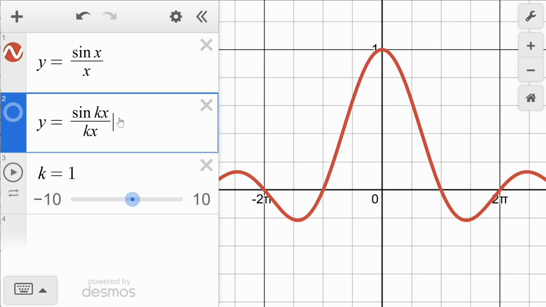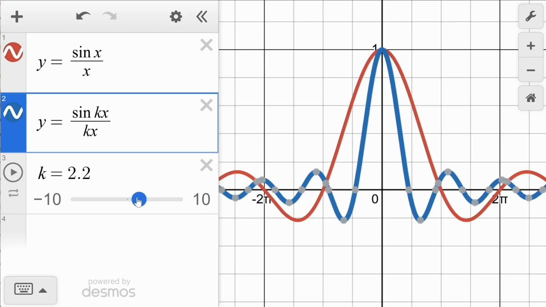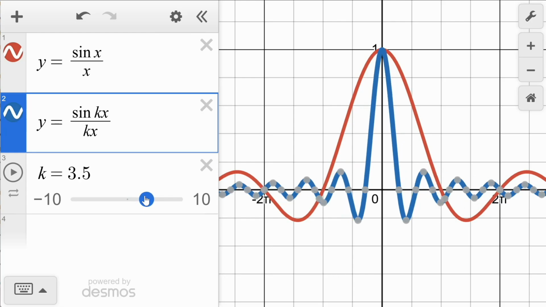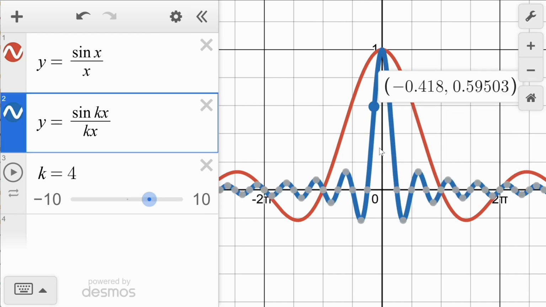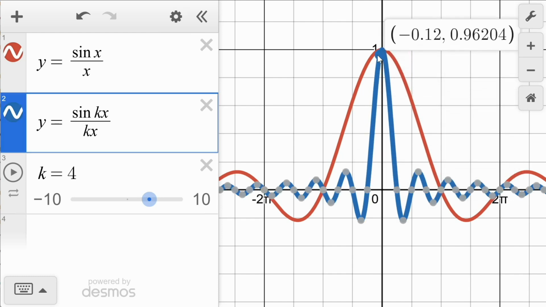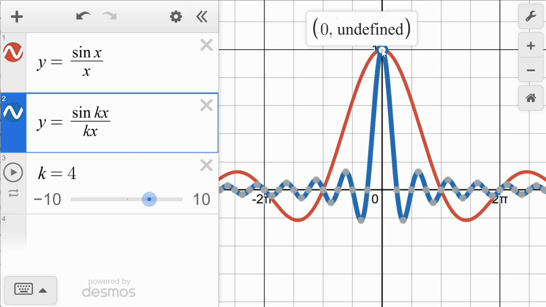But what you probably haven't seen before is if you make this sine of kx over kx, if you replace x with kx in that function, all it does is cause a horizontal expansion or compression. In this case, when this is a 4, it causes a horizontal compression. That changes the y values for all of these points, except when x approaches 0, that value of y, or the limit, is still 1.